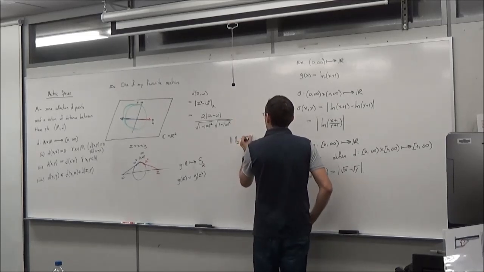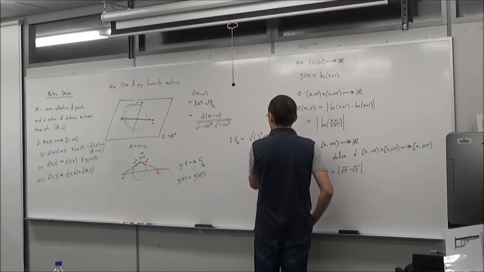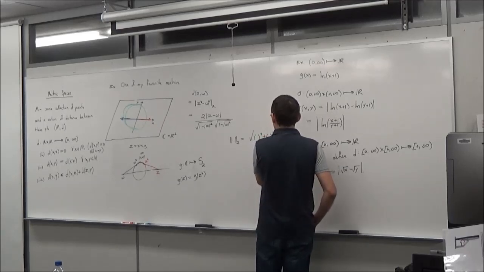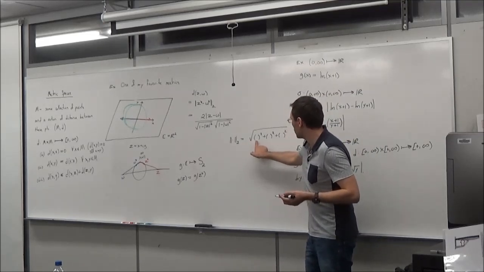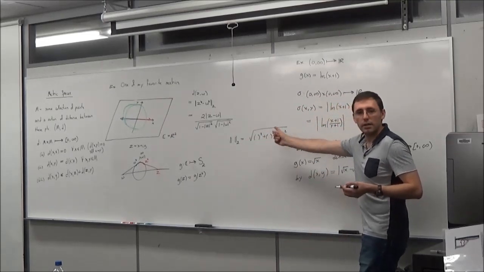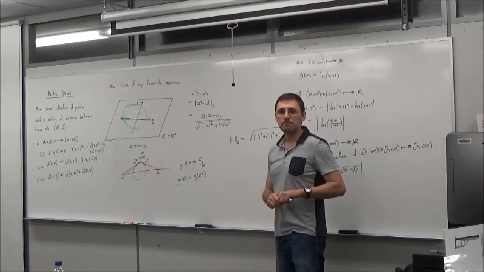This will be the root of something squared plus something squared plus something squared. Maybe that's what you refer to as the Pythagorean theorem, right? That's how this is going to be done.